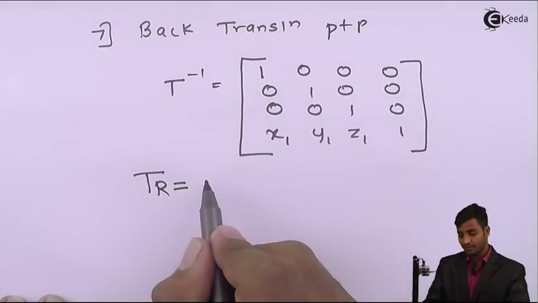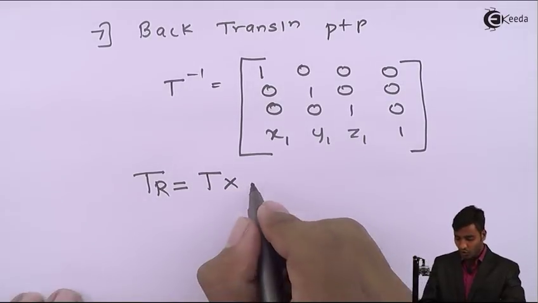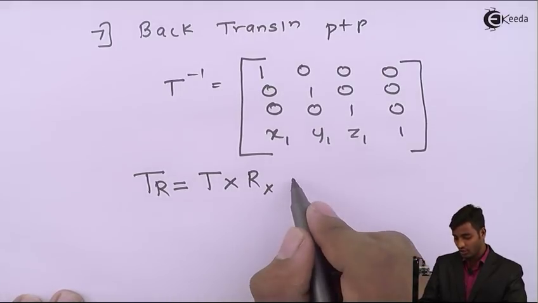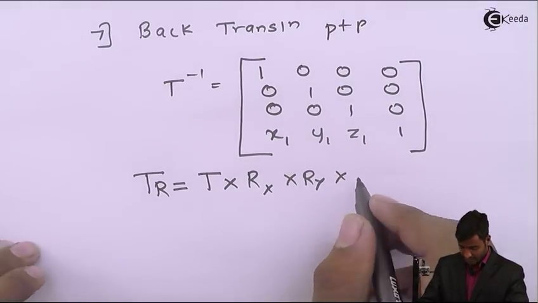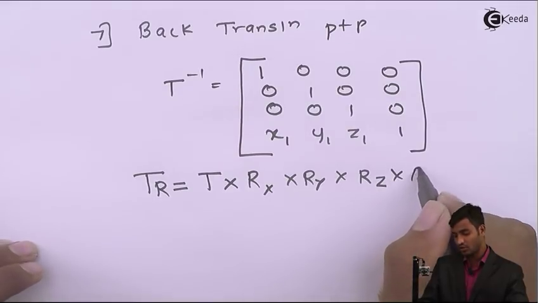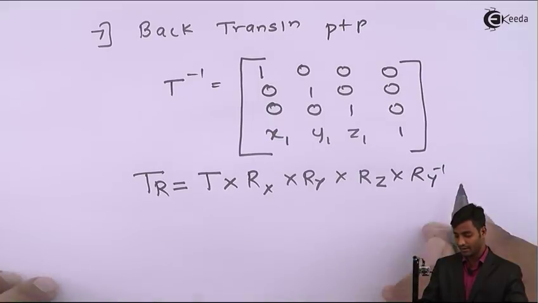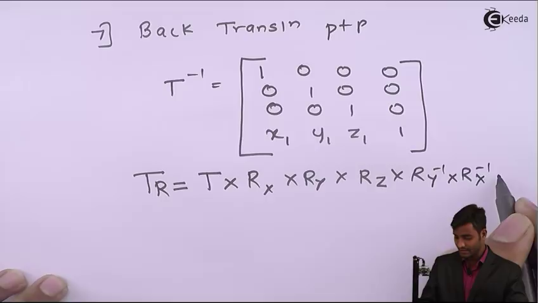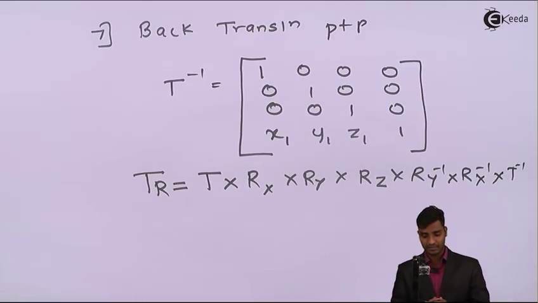So first we have done translation, then rotation about x axis, then rotation about y axis, then rotation about z axis, then Ry inverse, that is the opposite of Ry, then rotation about x axis, and lastly back translation.